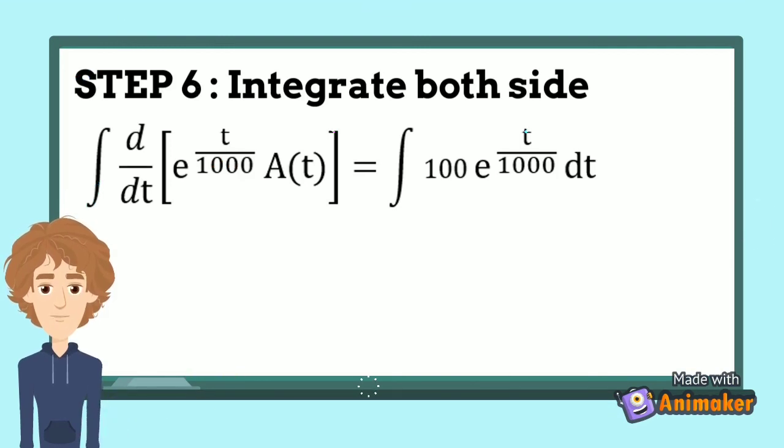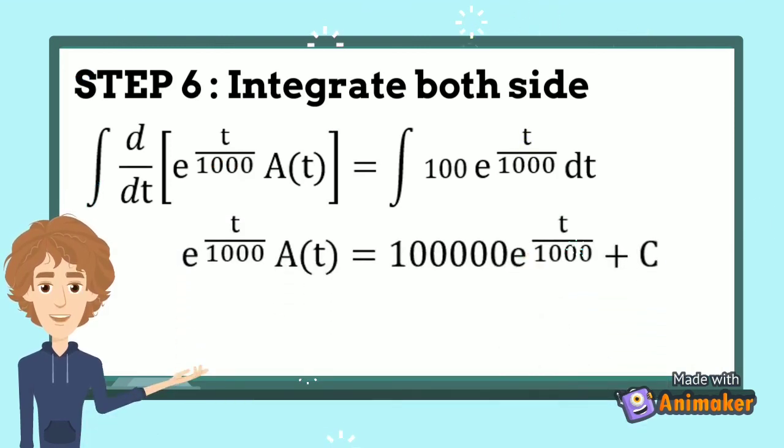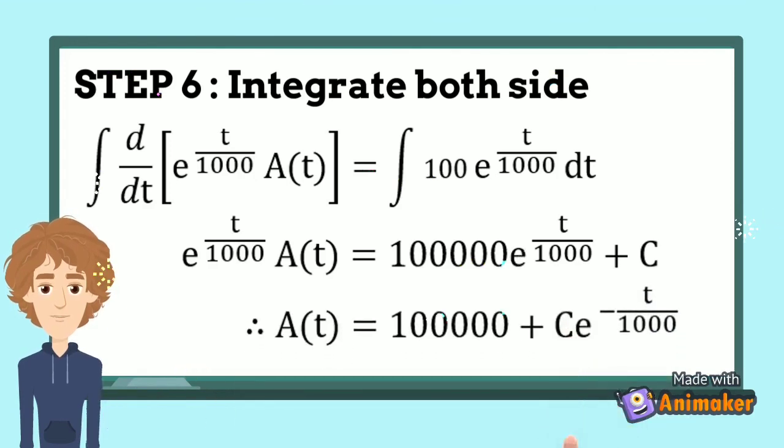After integrating, we get e to the power of t divided by 1000 times A(t) equals 100,000 times e to the power of t divided by 1000 plus a constant c. Finally, we get the answer A(t) equals 100,000 plus c times e to the power of negative t over 1000.